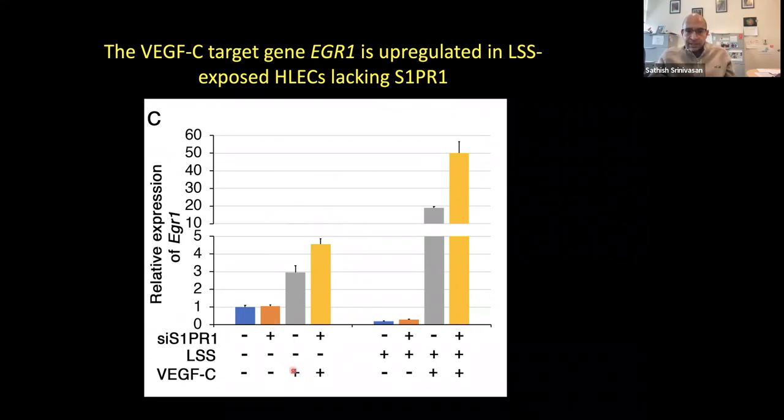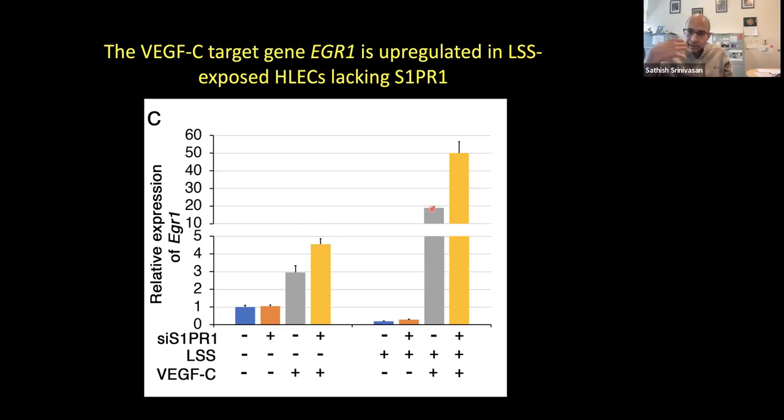When we treat cells just with VEGF-C, it enhances the expression of EGR1. This is after 1 hour of treatment. And when we grow the cells in the presence of laminar shear and then treat with VEGF-C, we see nearly a 20-fold increase in the expression of EGR1.